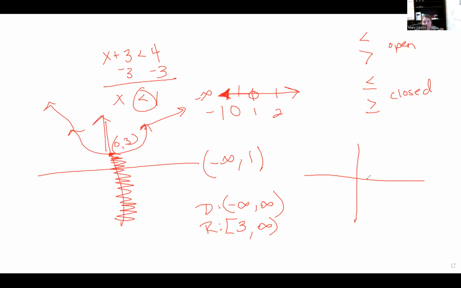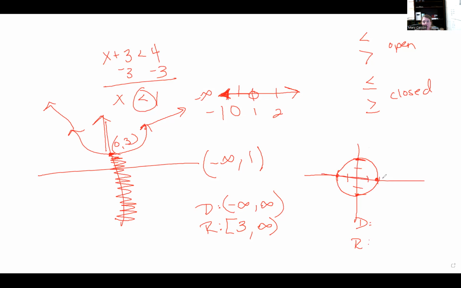Okay, here's another one. Let's say we have this circle and we want to do the domain and the range. The domain is what's being covered on the x, and the range is what's being covered on the y.